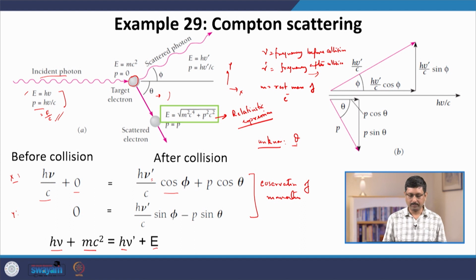The other unknowns are the momentum and the energy of the electron after collision, because we do not know what happens to the electron inside, so we cannot track its properties directly.